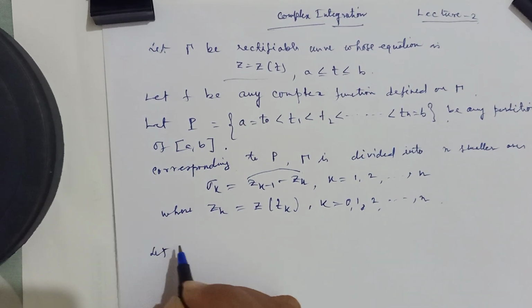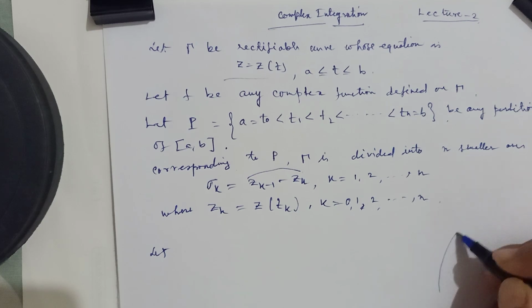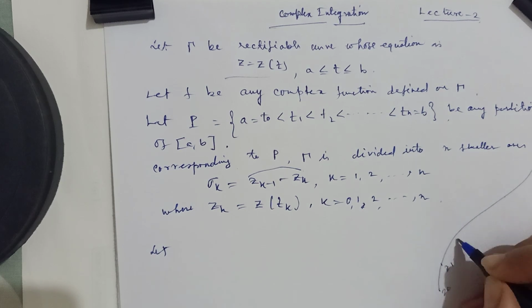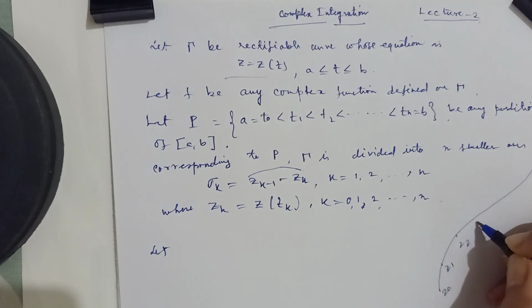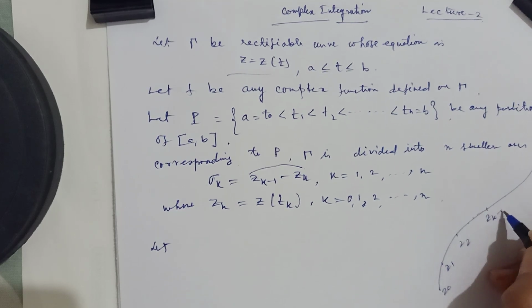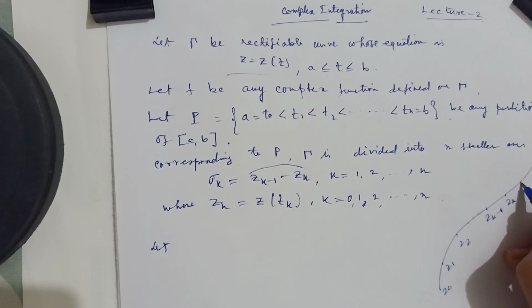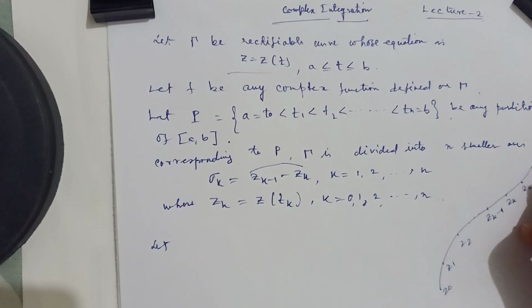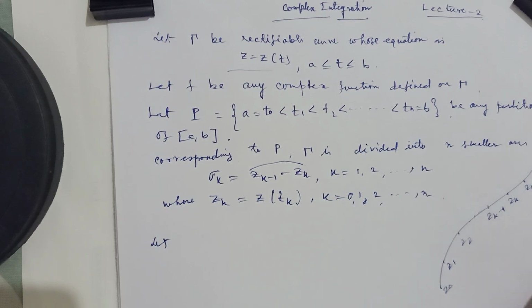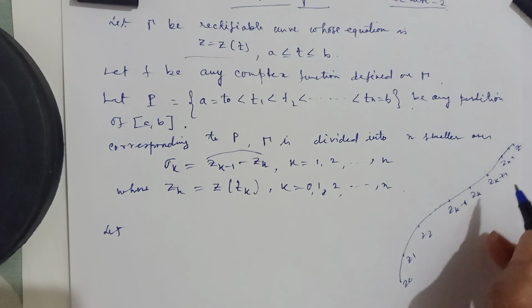Now suppose this is a curve gamma. Here the points z0, z1, z2 up to zk minus 1, zk, zk plus 1 up to zn minus 1, zn.